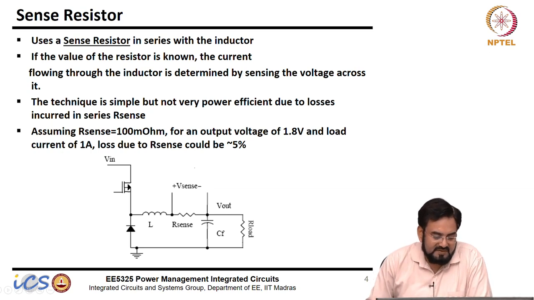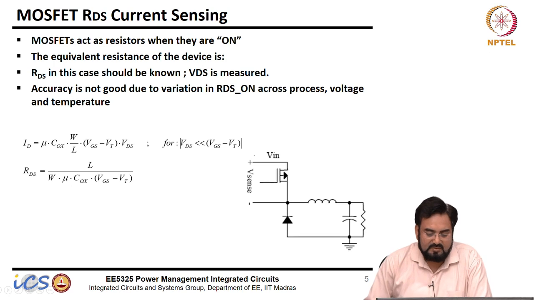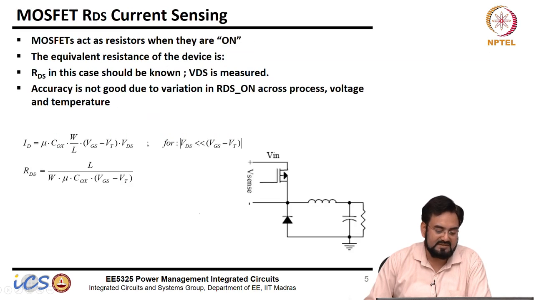So that's why for efficiency purposes it's not good, but if you are looking for very high accuracy, then you can go for it. Then RDS based sensing. Instead of detecting the voltage across this resistor, let's say we don't have it, and you use another resistor, which is the RDS on of your MOSFET.